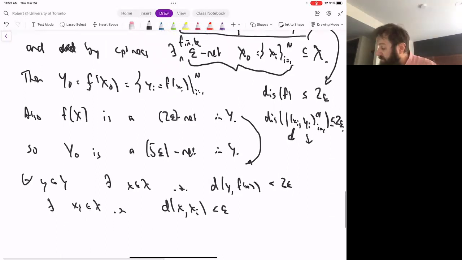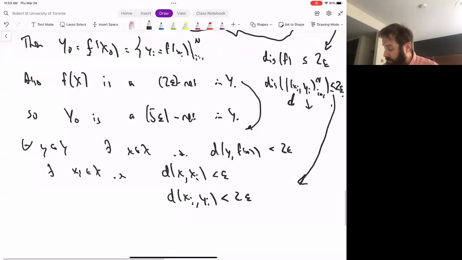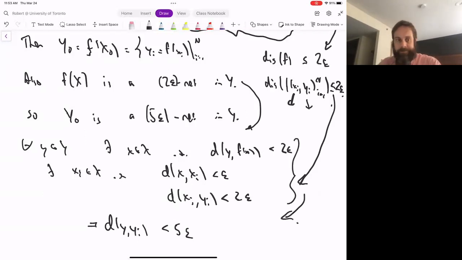And by this distortion condition here, the distance between f of xi and yi is less than 2 epsilon. And so when you add these three things up, you get that the distance between y and yi is less than 5 epsilon, by adding these three quantities and using the triangle inequality.